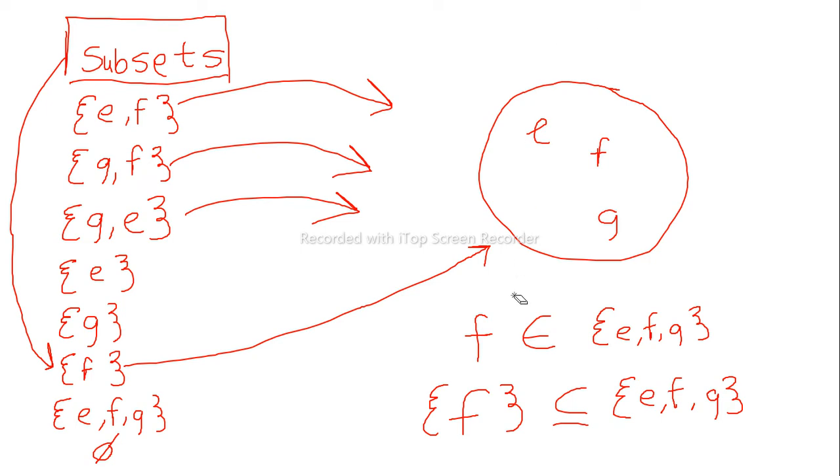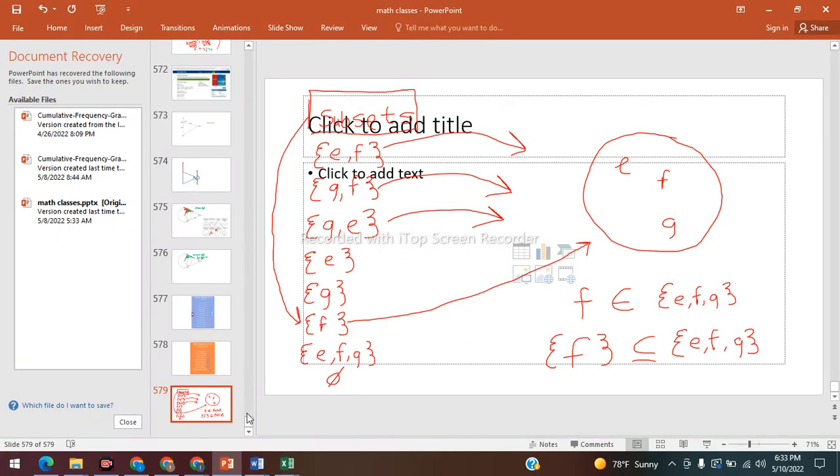Okay, so F is an element of this set. Here, the set containing F is a subset of this set. So that's the difference there. Do we understand that? Okay, so that's the difference.